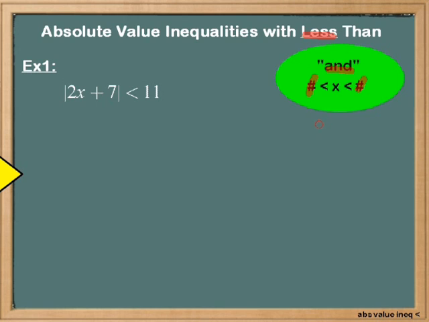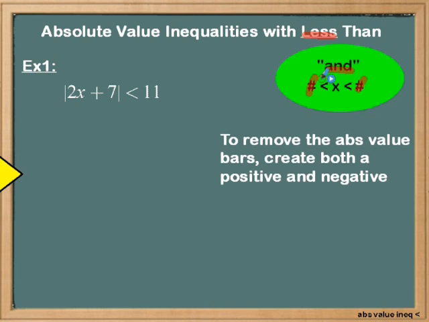The other thing that we learned that we're going to incorporate is the fact that absolute value is a distance from 0. So I'm wondering if you can figure out, in order for us to remove these absolute value bars, we have to create both a positive and a negative aspect to this inequality. So how can we go ahead and do that in this particular problem?